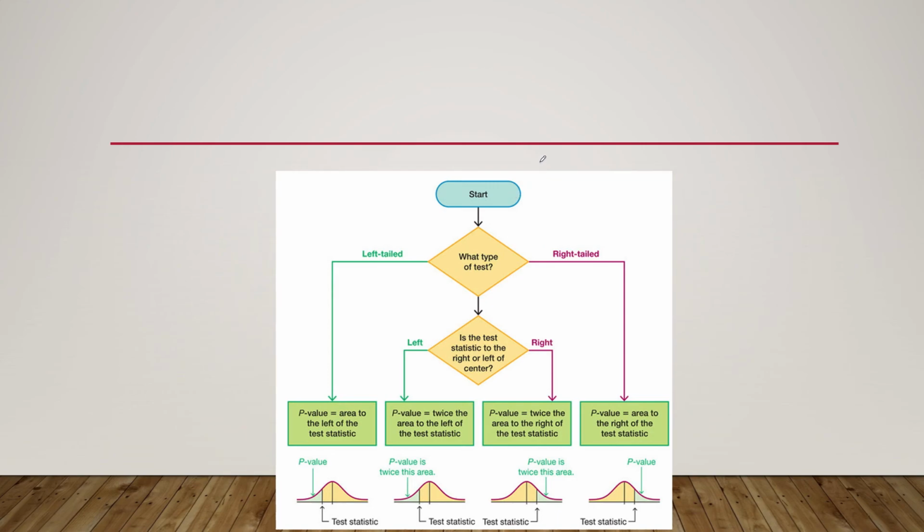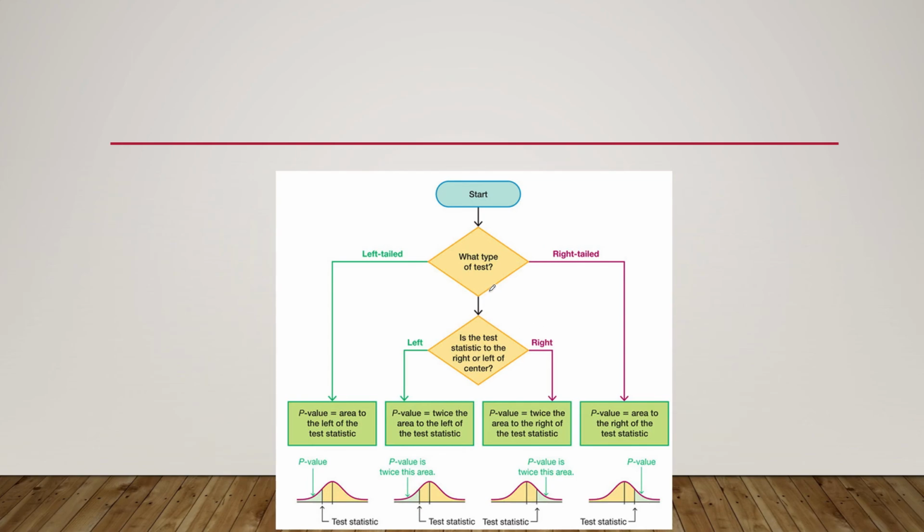But we would look at the type of test that we have, a left-tailed or a right-tailed test. For a right-tailed test, the p-value is equal to the area to the right of the test statistic, with the critical region here in green. If it's left-tailed, the p-value is the area to the left of the test statistic, again with the critical region in green.